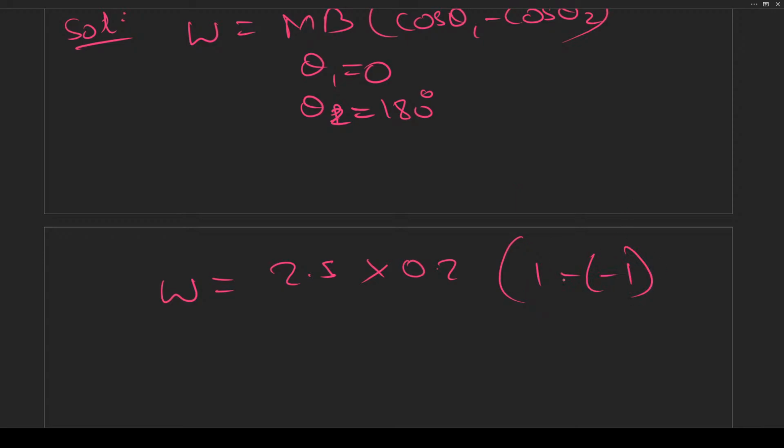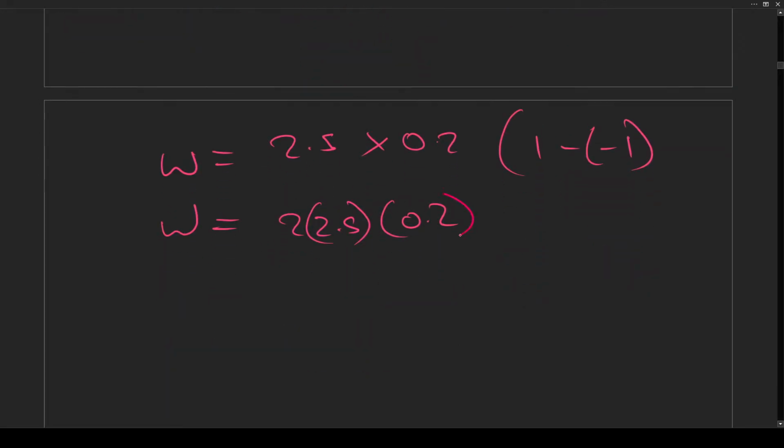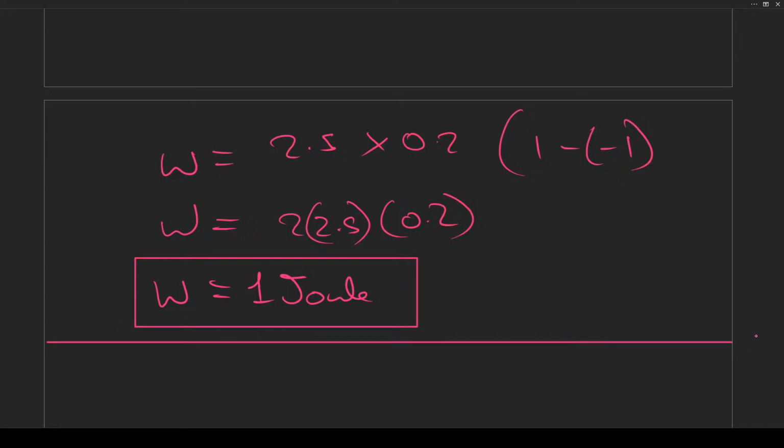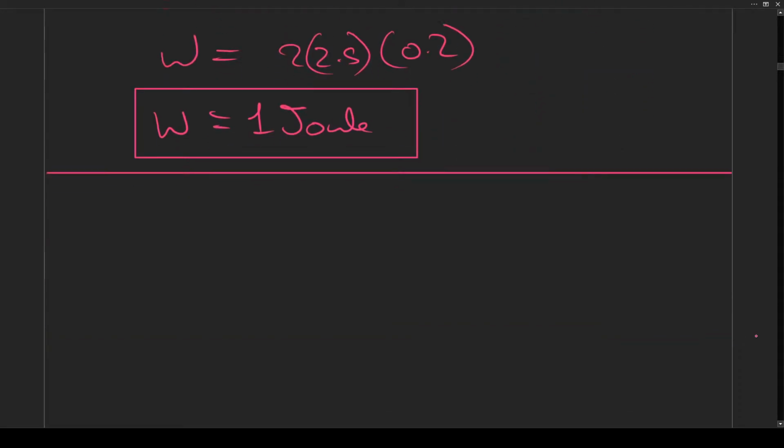So minus of minus 1. Work done is equal to 2 times 2.5 times 0.2, so work done is equal to 1 joule. This is direct formula substitution.